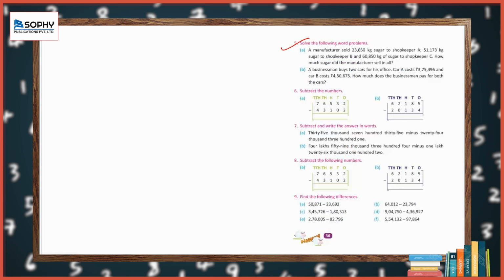In the fifth one, we have to solve the following word problem, students. A manufacturer sold this much amount of sugar to shopkeeper A, this much amount of sugar to shopkeeper B, and this amount of sugar to shopkeeper C. So how much sugar did he sell in all? So what we'll do, students, we will add all the following terms.